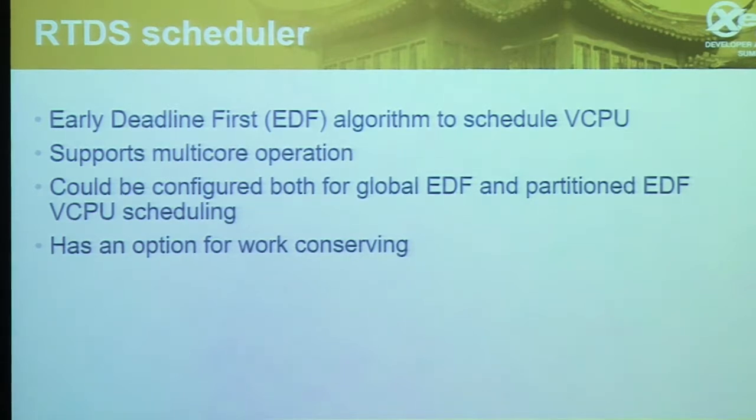And recently an option for work conserving was added. So domains scheduled by the RTDS scheduler can receive more time than is configured for their CPUs, if the system has this time.